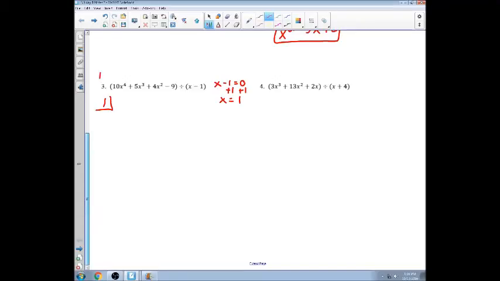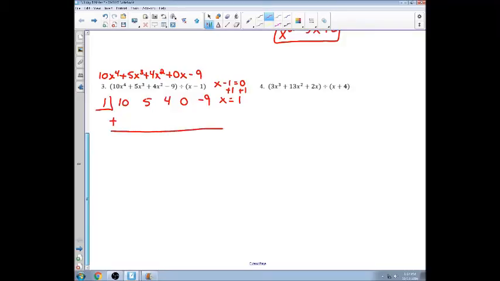So what I'm going to do is I'm going to rewrite this polynomial. 5x to the third, 4x squared, and I'm going to add in the 1st degree, so 0x minus 9. Because it does not exist, the coefficient for that would be 0. Okay? So now that they're all there, I can do 10, 5, 4, 0, and -9.